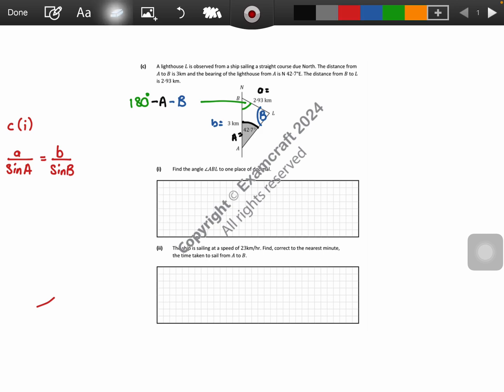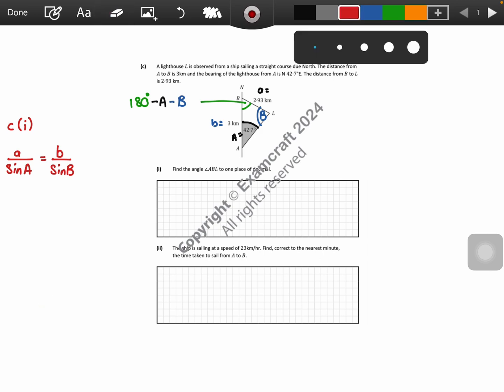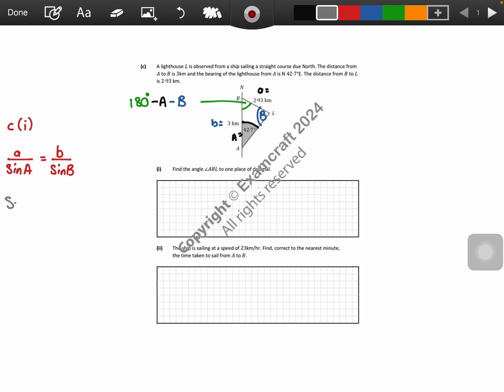So the other way you can do it is to rearrange this to be sine A over a is equal to sine B over b. And the easier way to do it is to have the unknown part on the top line. So actually, it'd probably be a bit easier for us to use this formula, even though if we use the other formula, we would end up getting the same answer.